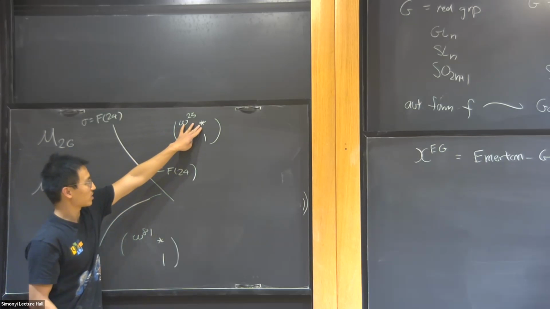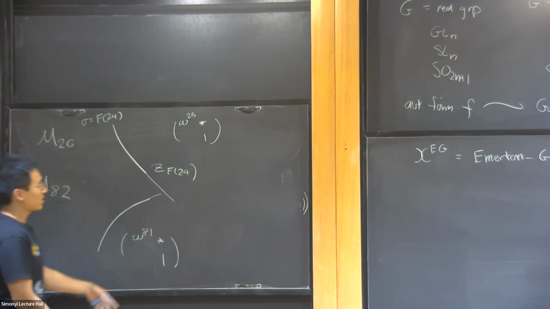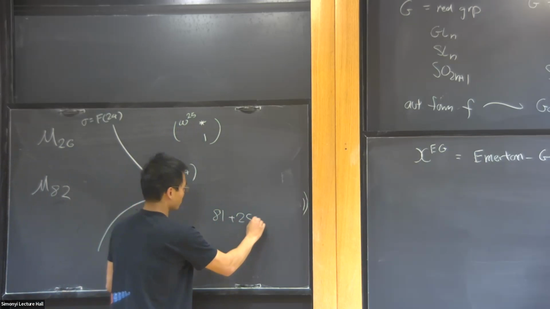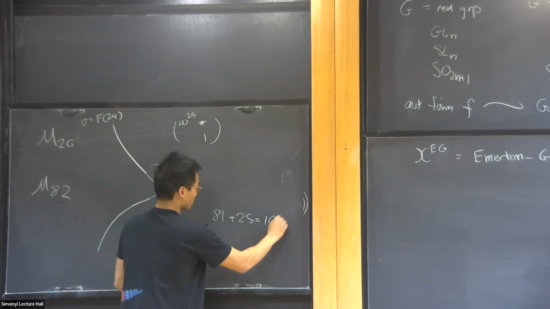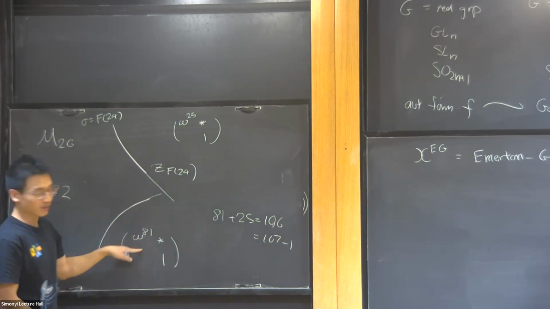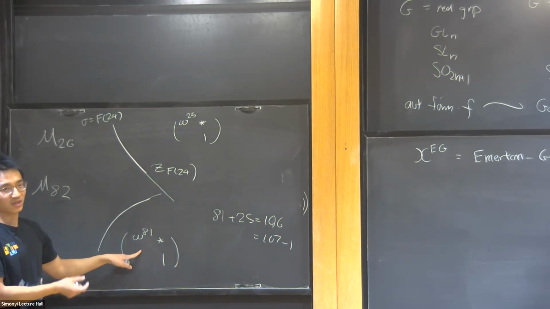And similarly, when this thing hits 0, it'll be a sum of characters. And then by the coincidence that 81 plus 25 is 106, which is 107 minus 1, these two will differ by some central twist. So actually they'll be the same in PGL2.